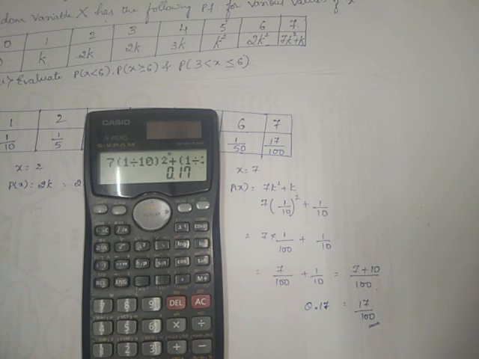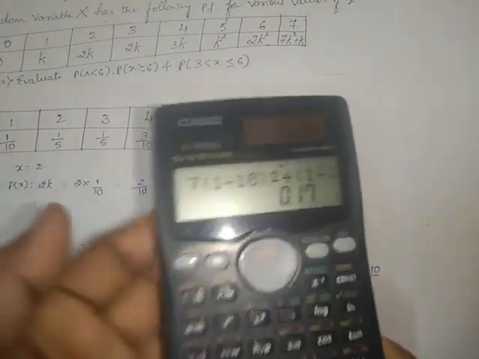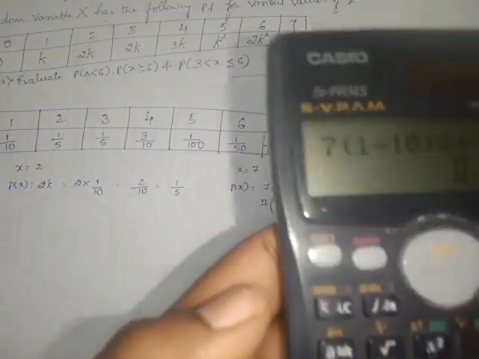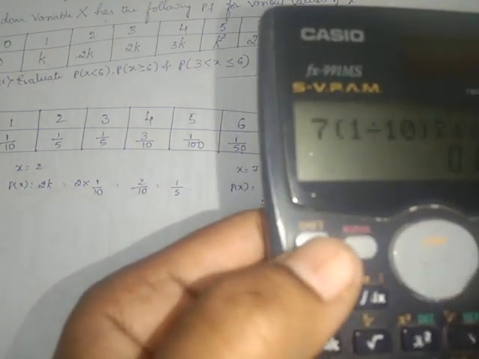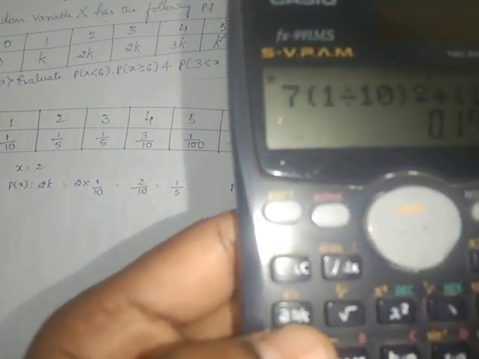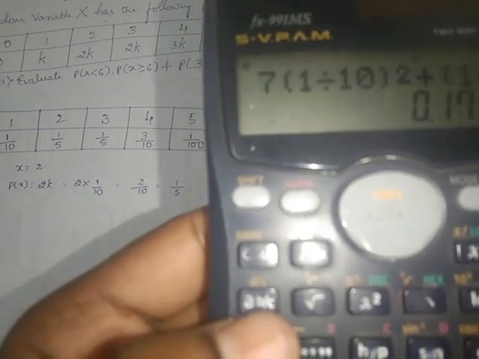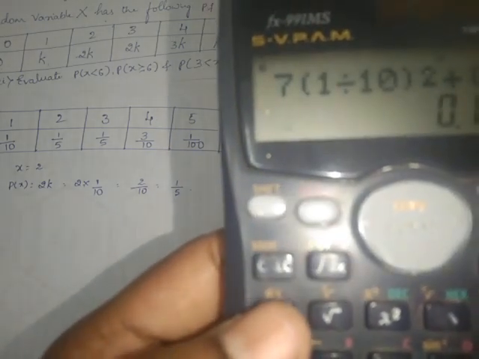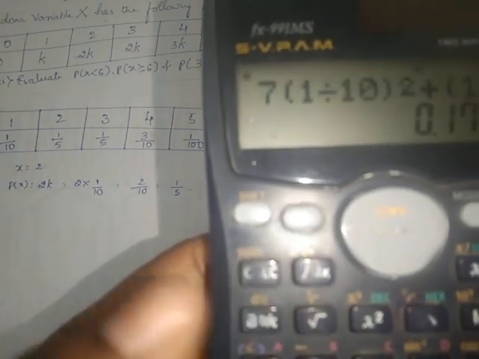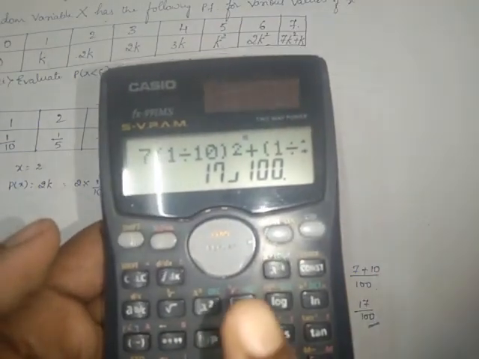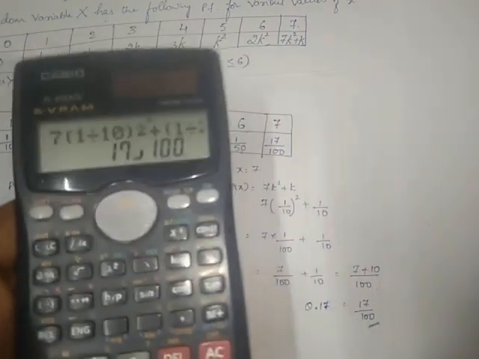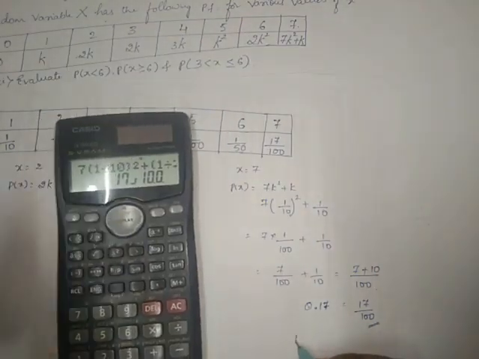If we want to convert it into a fractional value, press shift, then here you can find A B by C. Okay, A B by C, this button, the third button. If you press it, you'll get 17. This is the format.